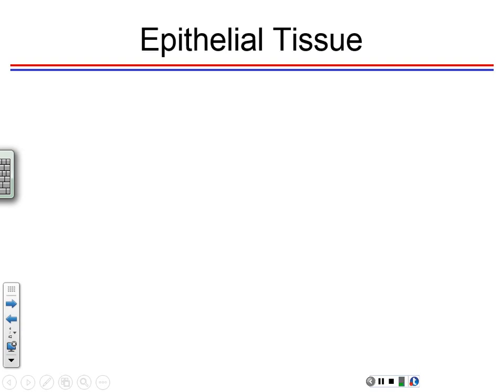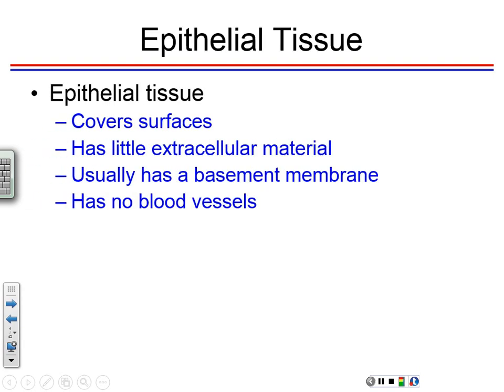All right, so epithelial tissue is the first one, and skin is actually made of epithelial tissue. The lining of all the organs in the body, the blood vessels, the digestive system, all those are lined by epithelial tissue. All right, so what does it do? It covers. Epithelial tissue covers, and has very little extracellular matrix. So that becomes the difference between connective tissue and epithelial tissue.